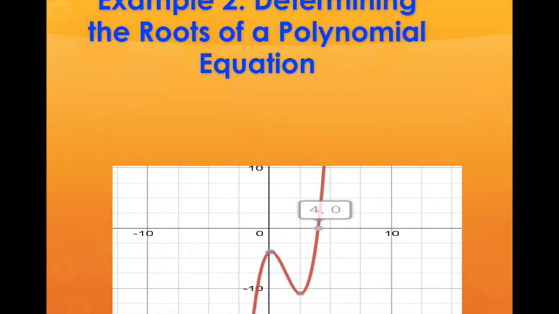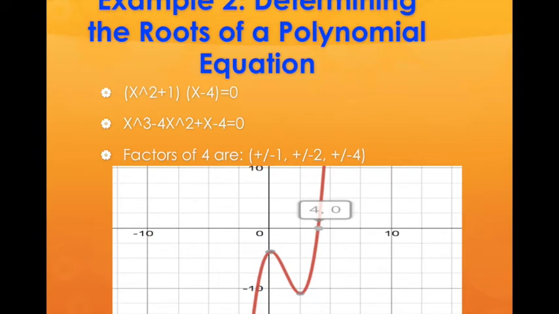Next, example 2. Determining the roots of a polynomial equation. Our equation here is (x² + 1)(x − 4) = 0. By expanding it, we will get x³ − 4x² + x − 4 = 0.